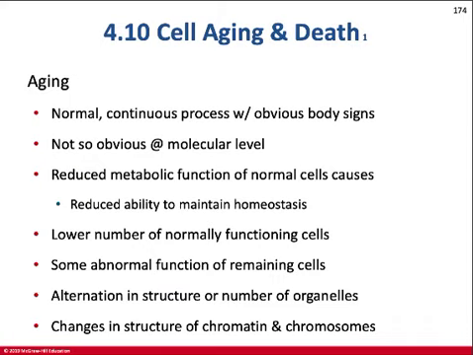The reasons for this are a little bit elusive. There's a number of theories out there: accumulated cell damage due to interaction with free radicals, autoimmune malfunction, but the most widely accepted theory is that the chromosomes lose genetic information at the tips of the chromosomes, called the telomeres.